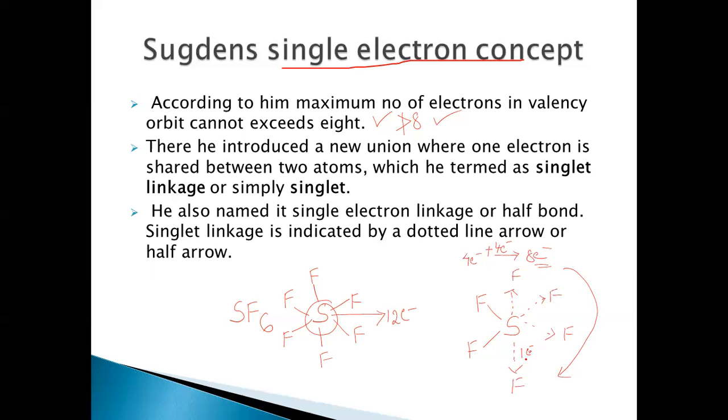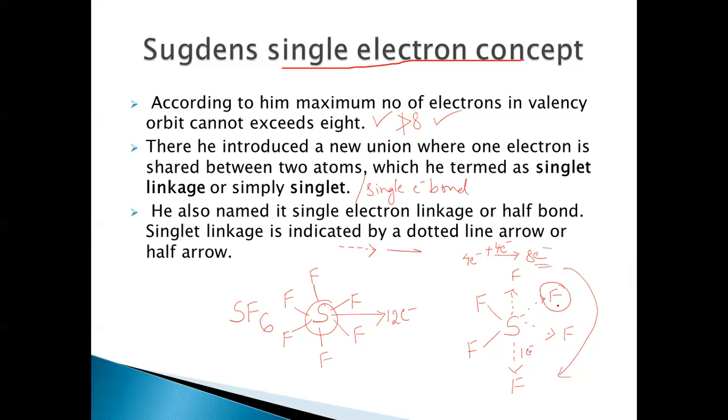This singlet linkage is also called a single electron bond because it shares only 1 electron with the other atom. The singlet linkage is represented by a dotted arrow or a single half-headed arrow.